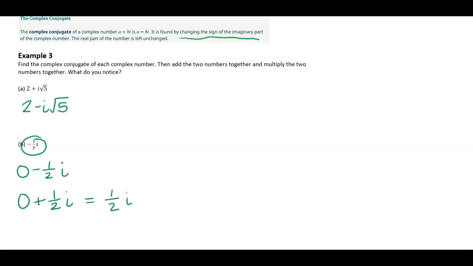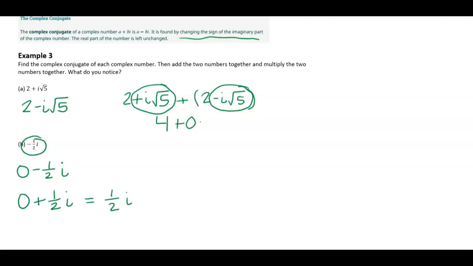Let's then add the two numbers together and see what happens. So if I have 2 plus i root 5, and I add to that 2 minus i root 5, I would get 4. And then notice I have the exact same number with a positive and a negative, so I would have plus 0i, or my result is 2 plus 2, which is 4, or just adding the real component, because when you have plus or minus the same imaginary component and you add them, they cancel out.